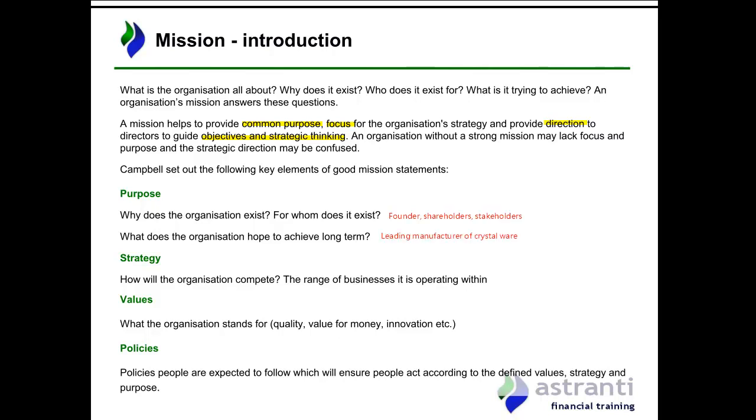So the next question, what does the company hope to achieve long term? Okay, so I think if we were to generalize here, we could say they're hoping to become perhaps the leading or one of the leading manufacturers of crystalware in the world. Now, at the moment, they're one of the leading manufacturers in the country in which they are founded, in Gigland. Perhaps they want to become internationally recognized.